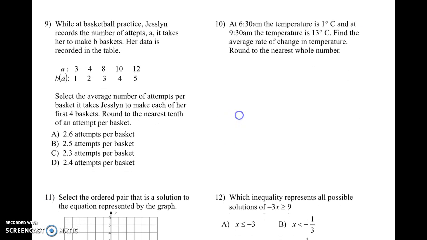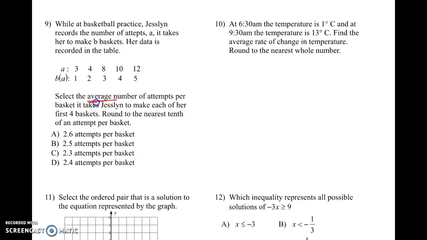Alright, let's go ahead and do number 9. While at basketball practice, Jocelyn records the number of attempts it takes her to make B baskets. Her data is recorded in the table. So it took her 3 attempts to make 1 basket, 4 attempts to make 2 baskets, 8 attempts to make 3. After 10 attempts, she made 4. After 12 attempts, she made 5.